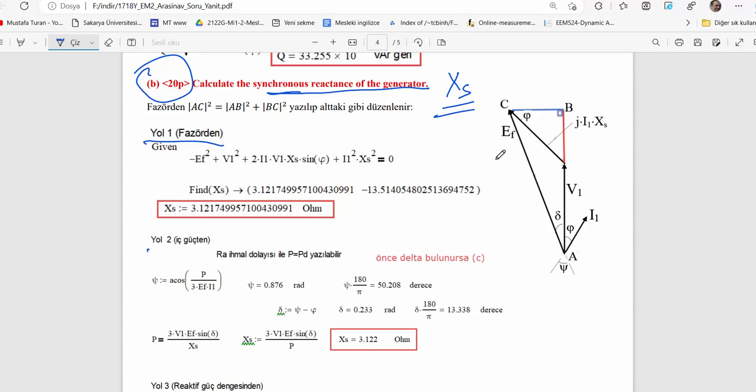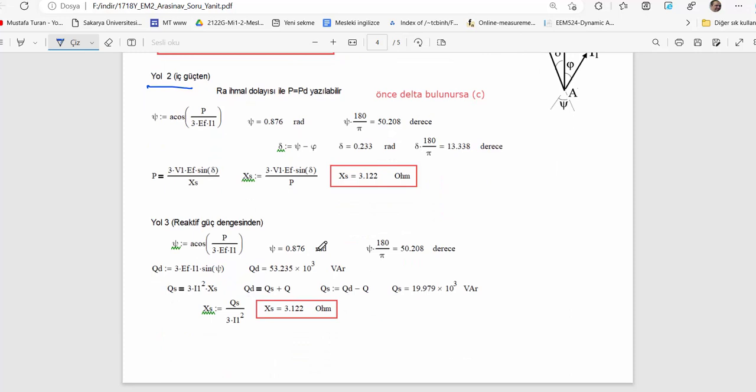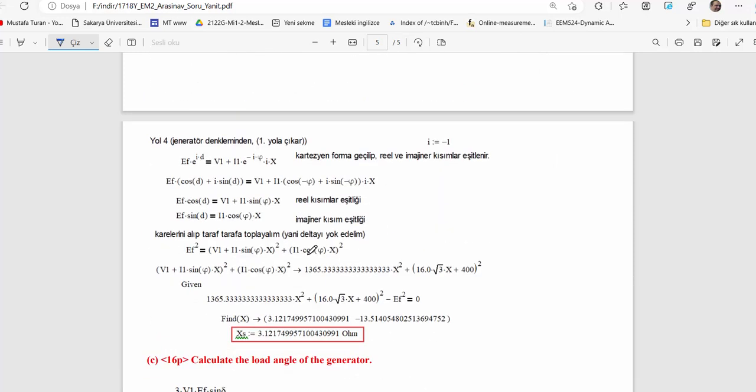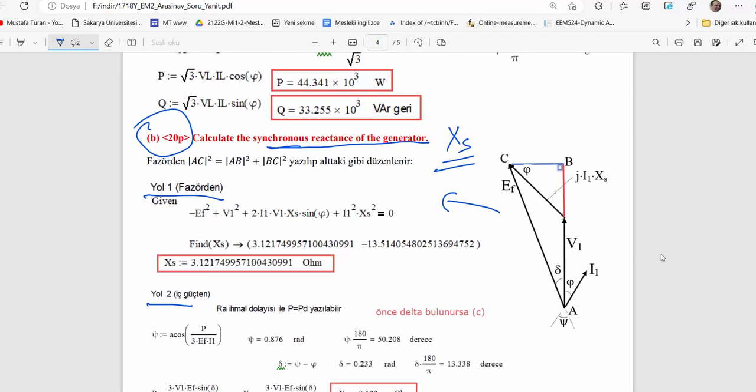One is from the phasor diagram. The other is using inner power balance. The other is using reactive power balance. And the last one is using Kirchhoff's voltage law around the loop, and it gets to the phasor diagram.